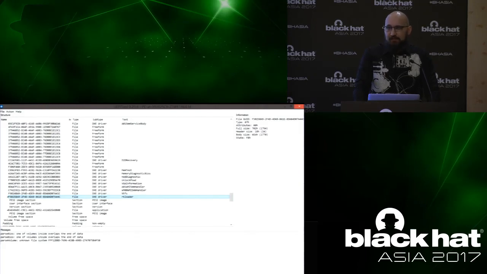This screenshot shows how it's visible in the UEFI SPI flash capsule update. You can find it by the name RK Loader, and it's very simple to find inside an infected machine.